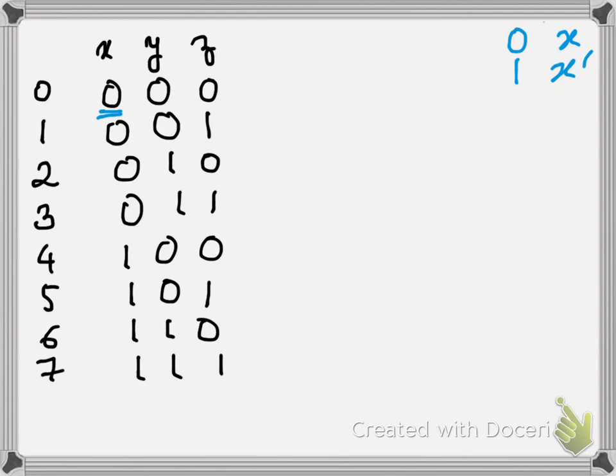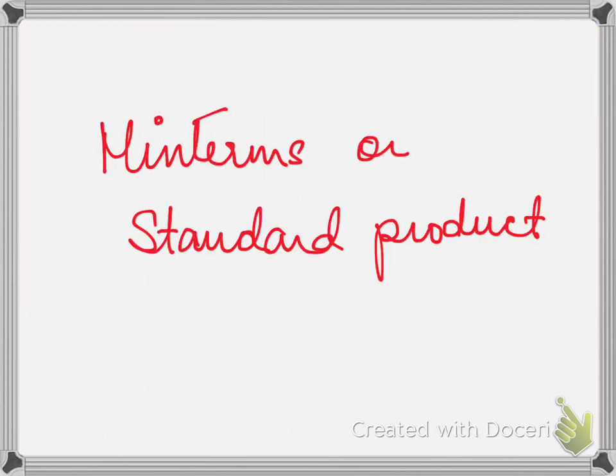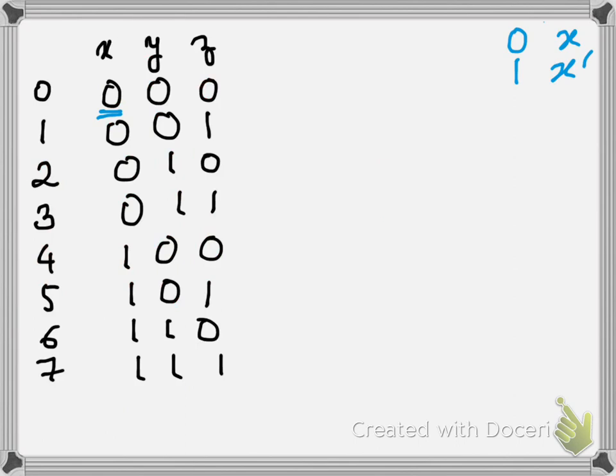So this is just the opposite of what we did for our min term. In the min terms, if it is 0, we take it as primed, and if it is 1, we take it as unprimed. But for the second notation, if it is 0, then we take it as unprimed, and if it is 1, we take it as primed. And we combine them using the OR operator.